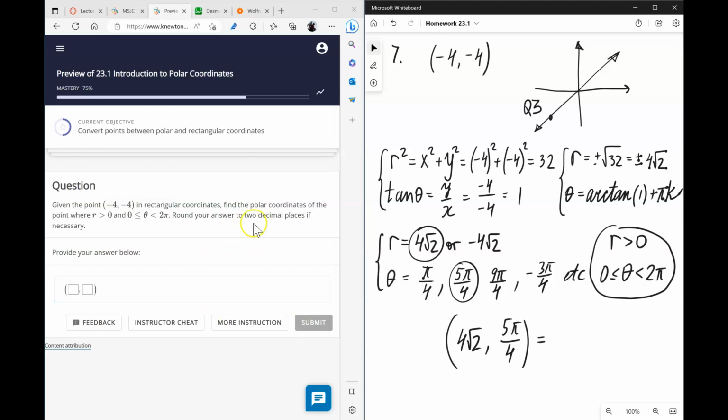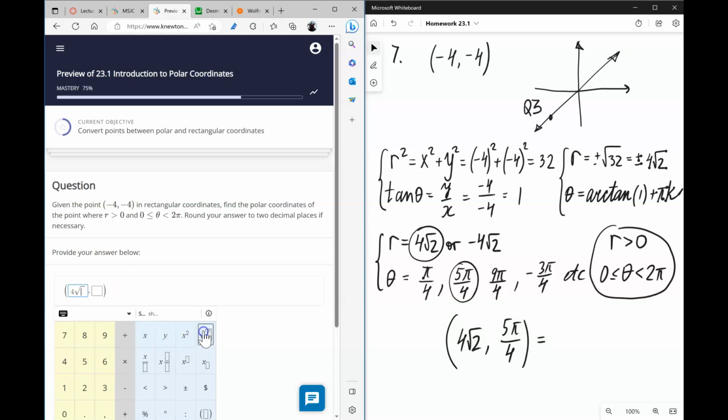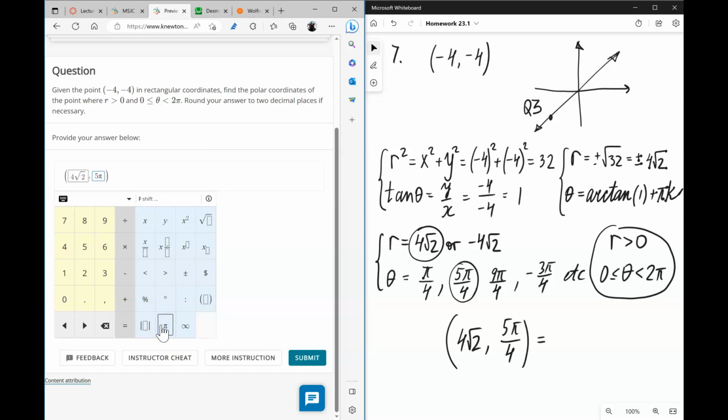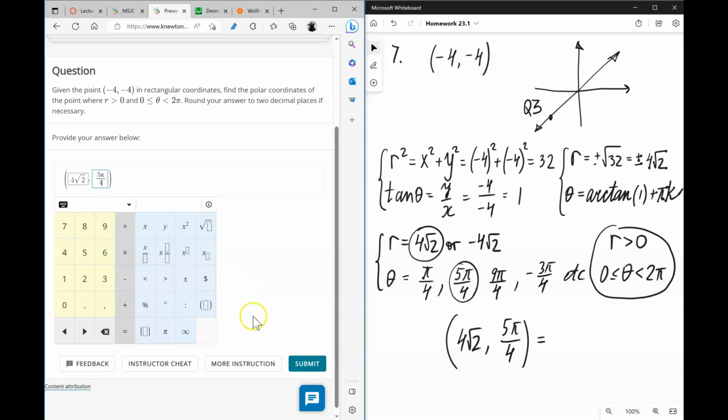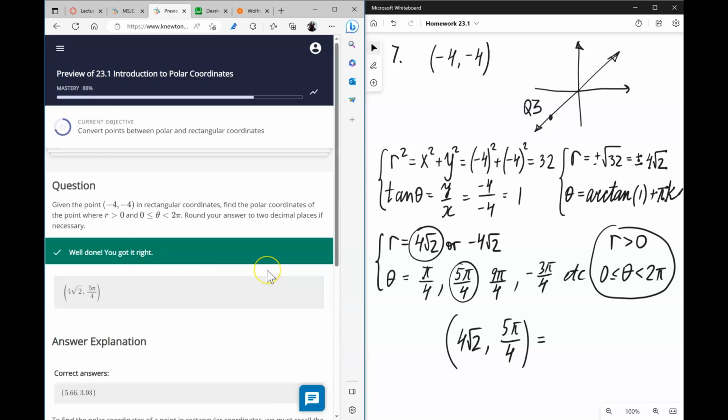However, here we have to round the answer to 2 decimal places if necessary. I'm actually not sure if we can try to enter it just like this. So 4 square root of 2, and then 5 pi over 4. Yeah, it got it.